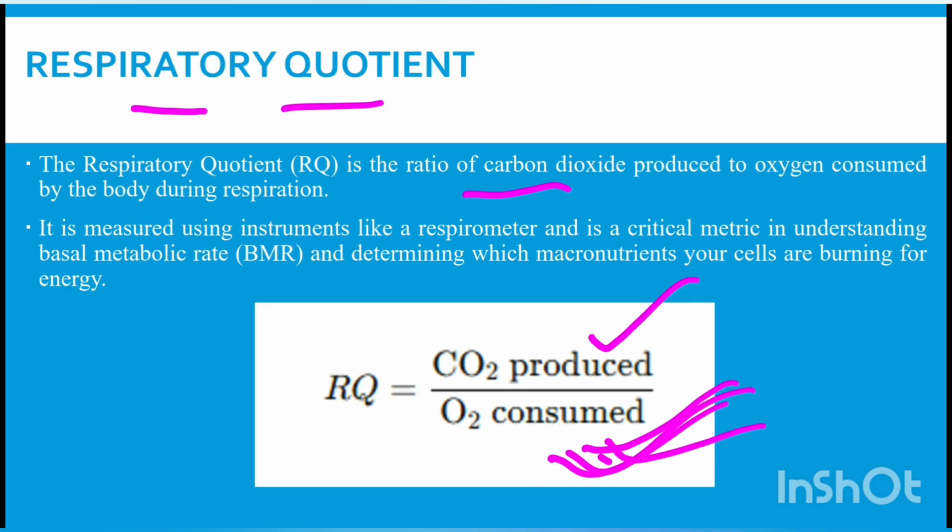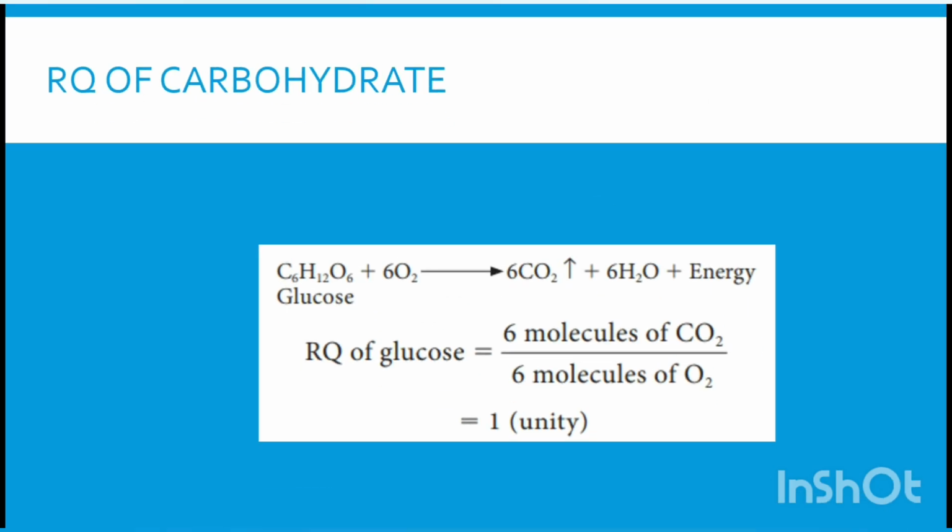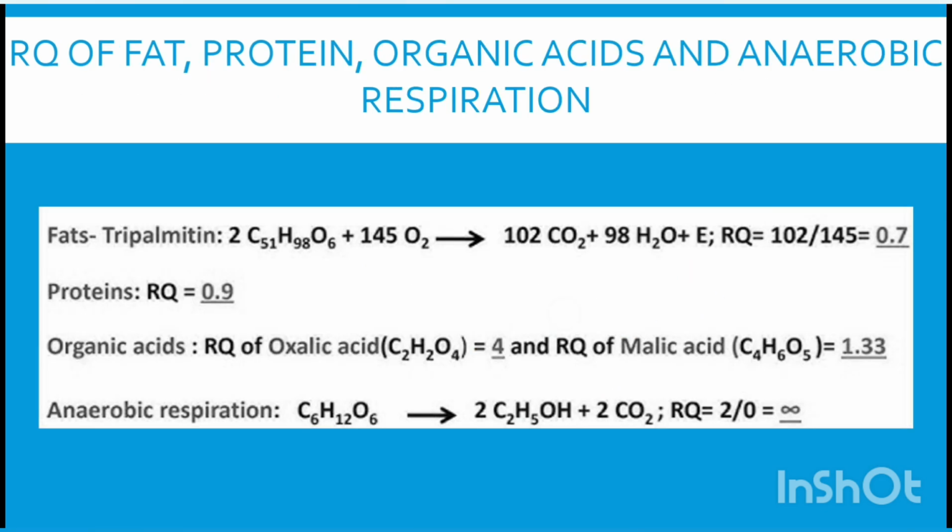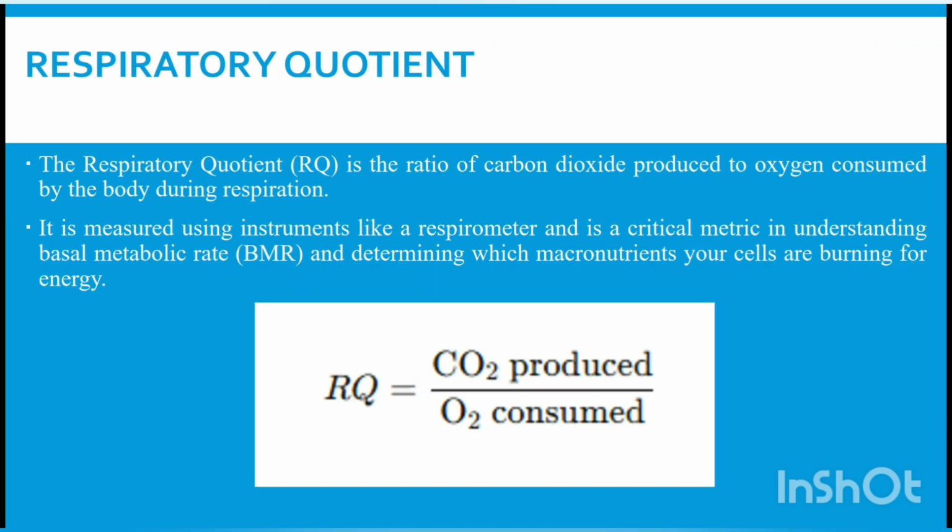The respiratory quotient of carbohydrate is always 1, and for protein it is less than 1. For fats it is also less than 1, but for organic acids it is more than 1. In case of anaerobic respiration it is infinite. Okay, so that is about the respiratory quotient.